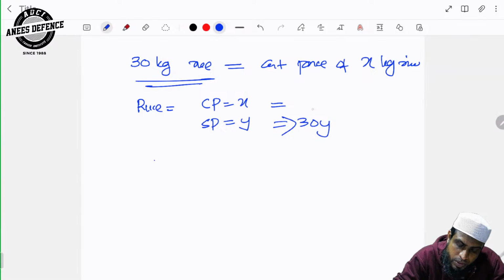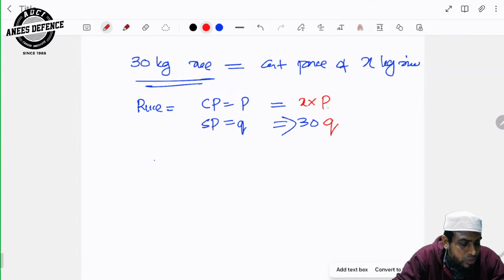So here instead of X and Y we will put P and Q. Cost price is P, selling price is Q. So here you can write 30 into Q. The cost price of X kilogram of rice means X into P. Both are equal. That is the question given.